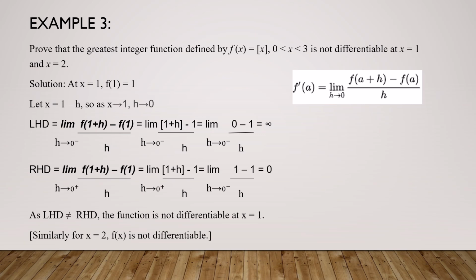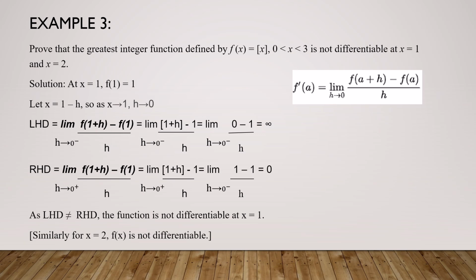Now since h is tending to 0 from the left side, the value of h will be less than 0, correct? So the box value of 1 plus h will be equal to 0. So it will be 0 minus 1 upon h.